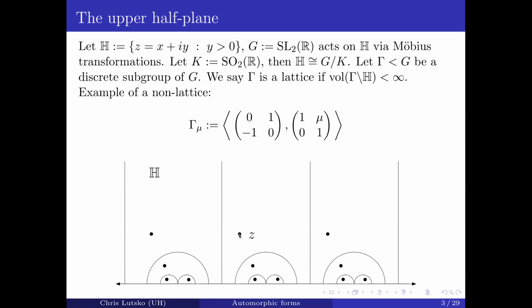So you can see this point Z here has been reflected through the unit circle there. And then this matrix, 1 mu 0 1, translates by mu to the right. And then you can keep translating and reflecting through the circle, and you'll get this sort of infinite fractal-like object.